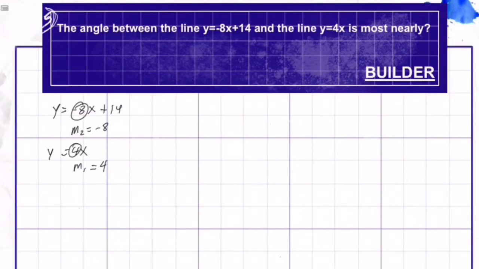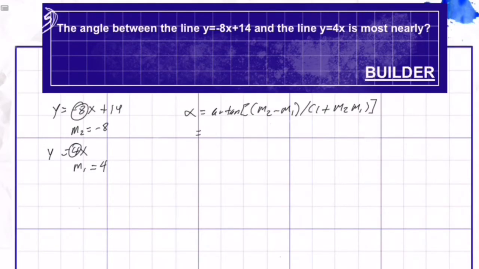So we're going to use the angle between two lines formula to find the angle. So we have that arctangent of m2, that is the slope 2, minus the slope 1, divided by 1 plus the slope 2 multiplied by the slope 1.